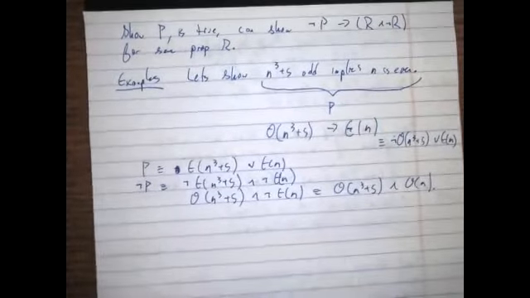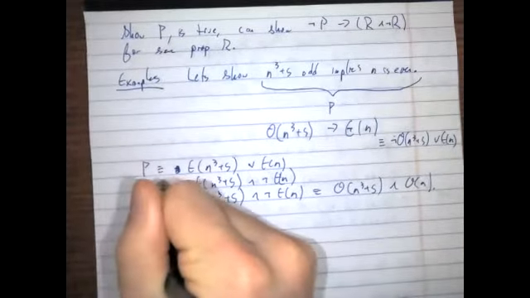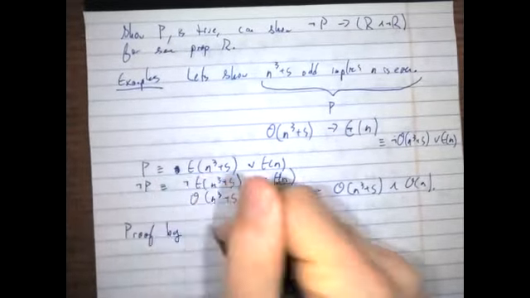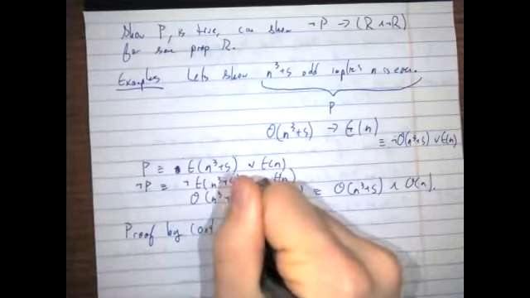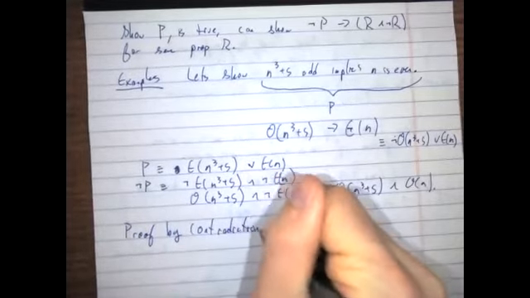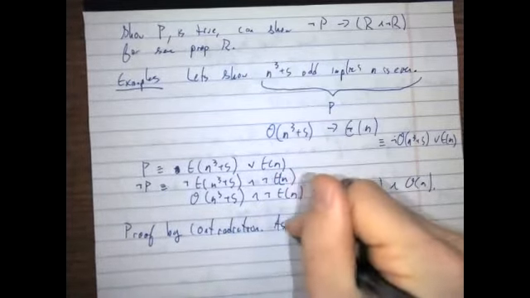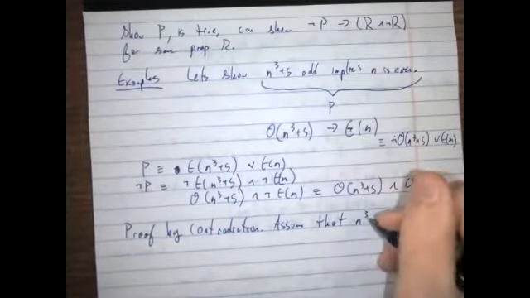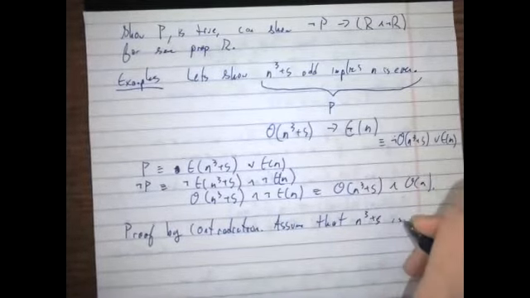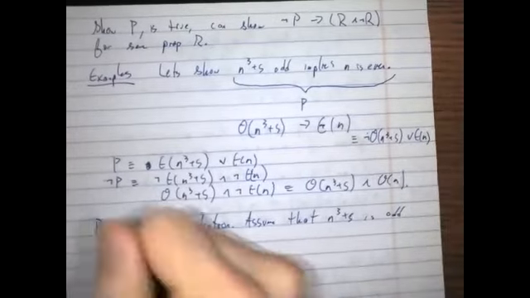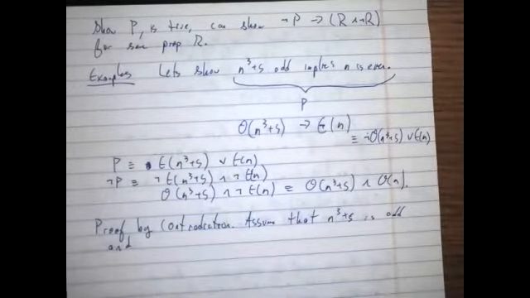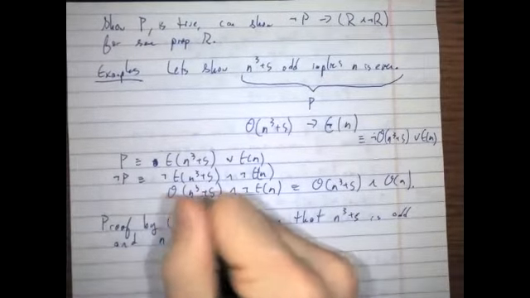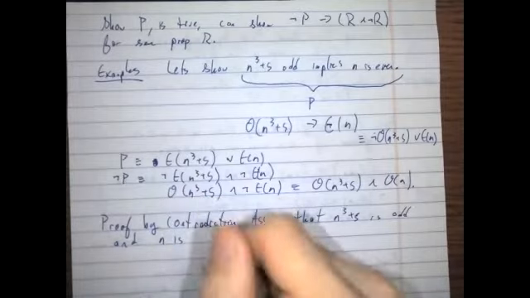So what I want to do is proof by contradiction. Assume that n cubed plus 5 is odd and that n is odd.